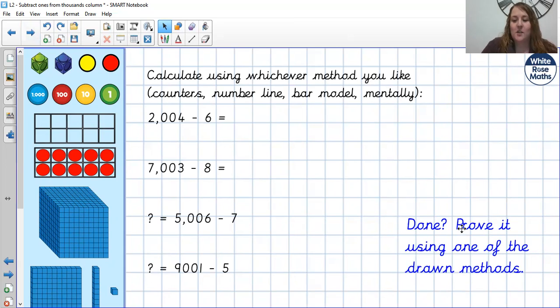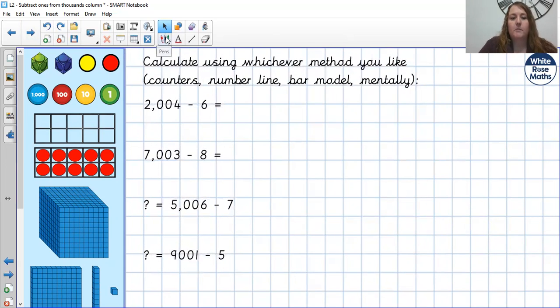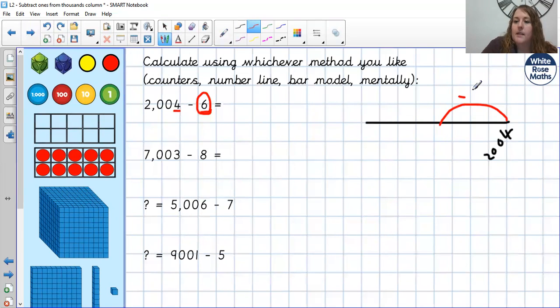Okay, hopefully you've had a chance to have a go at those. I'm just going to get rid of those and move them up just so I've got some room. First question then says 2004 take away 6. So I'm going to draw my trusted number line and I'm going to start with 2004 at the side. I need to subtract 6 altogether, but I'm going to start with subtracting 4 because that's my easiest jump. I'm going to take away 4 from 2004, which will leave me with 2000.